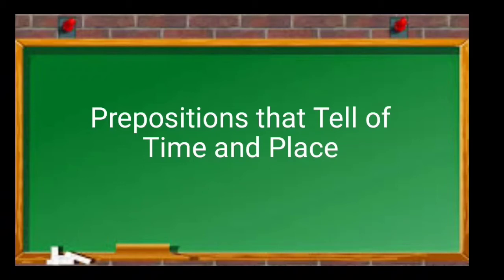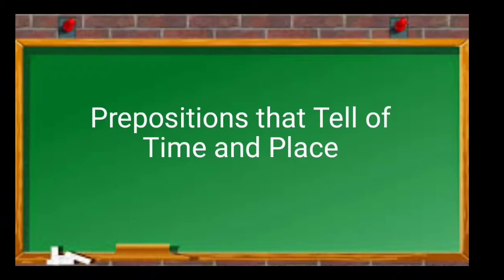When English speakers talk about time and place, there are three little words that often come up. They are in, on, and at. These common words are prepositions that show a relationship between two words in a sentence. But these little two-letter prepositions seem to create confusion.